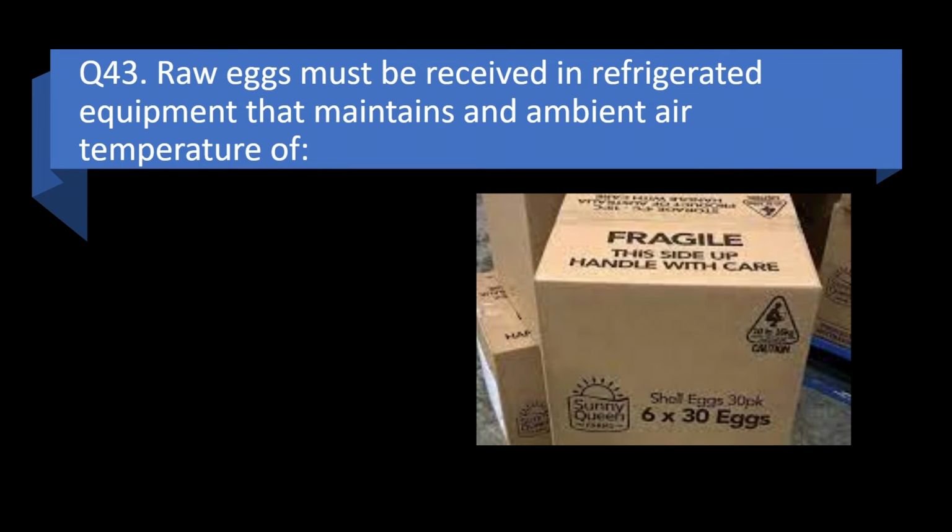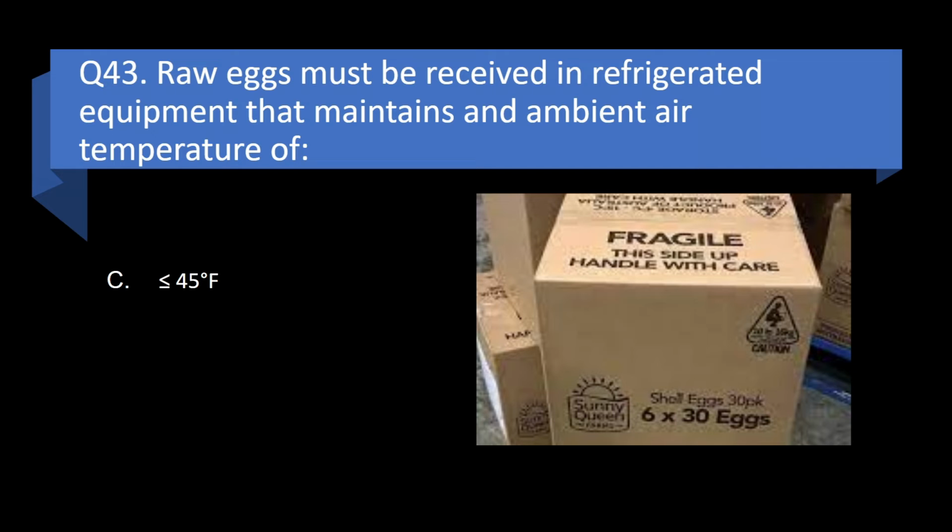Question 43. Raw eggs must be received in refrigerated equipment that maintains an ambient air temperature of less than or equal to 32 degrees Fahrenheit, less than or equal to 41 degrees Fahrenheit, less than or equal to 45 degrees Fahrenheit, or less than or equal to 50 degrees Fahrenheit.